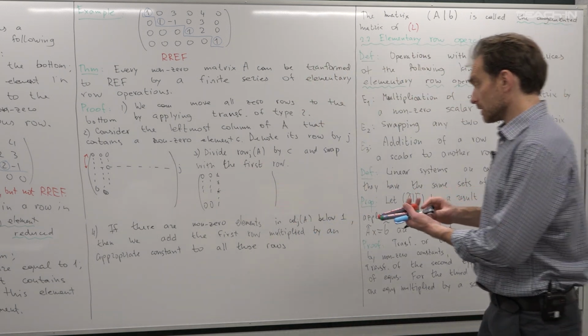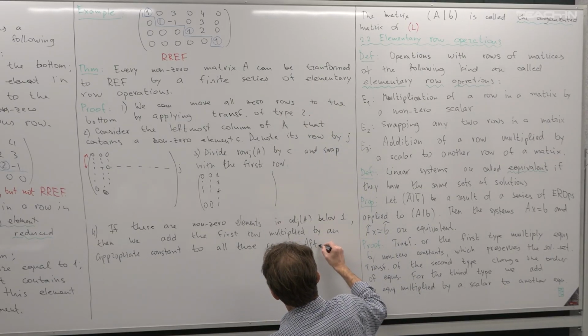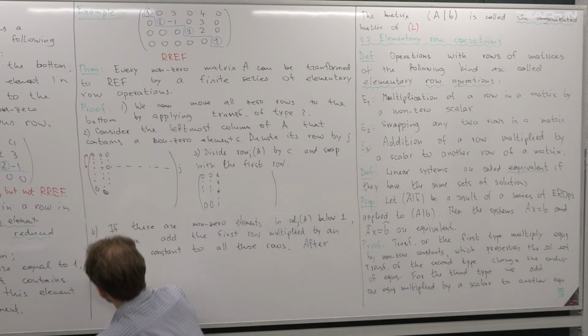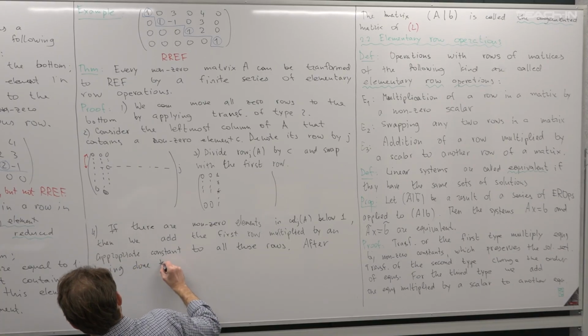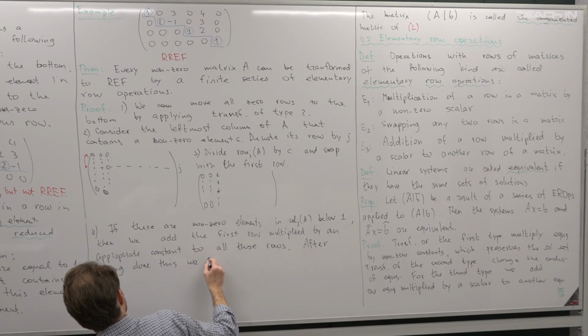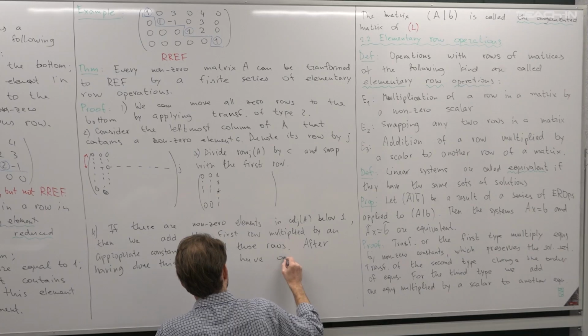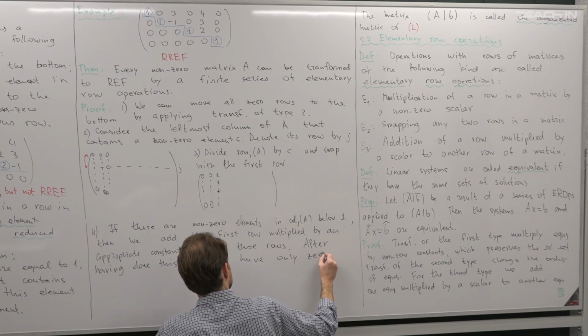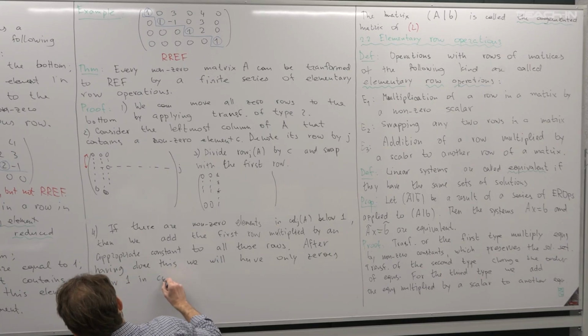So after having done this, we'll have only zeros below 1 in the jth column of our matrix.